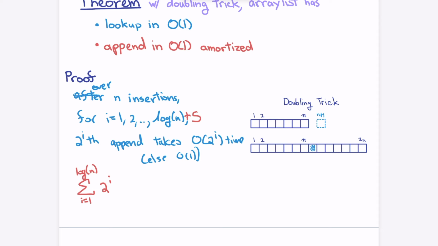Another way to see this is you can divide by 1 over n, 2 to the i minus log n, which is going to be going like 1 plus 1 half plus 1 fourth plus 1 eighth if you go the opposite direction down the sum. And that sums up to 1 or 2.